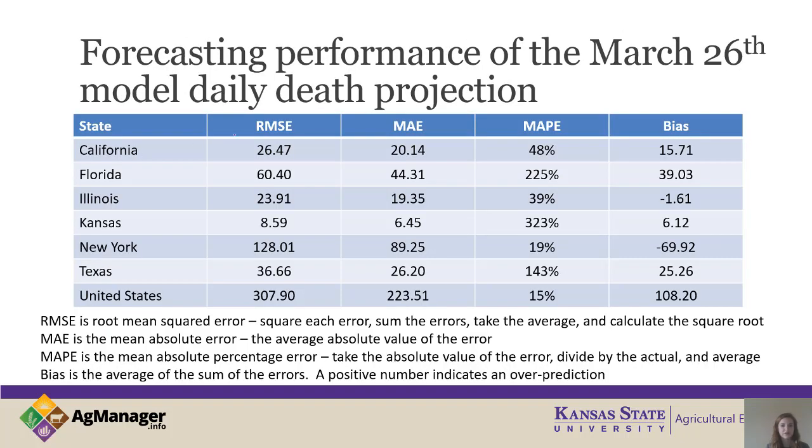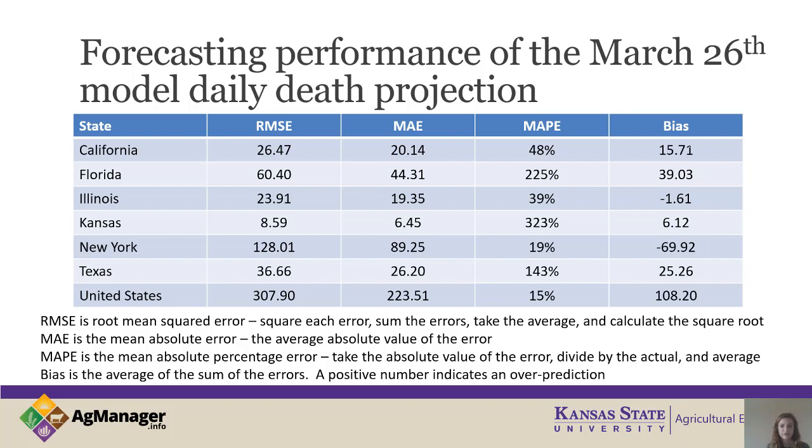This is just looking at some forecasting performance of the March 26 model daily death projections. Primarily, we want to look at this bias over here. When we estimated the forecasting performance, bias was estimated as the forecast minus the actual. So all of these areas here where we have positive bias mean that the model over-predicted the actual deaths that occurred.